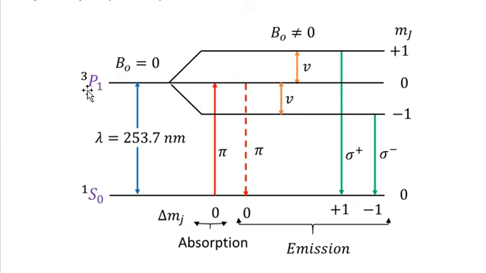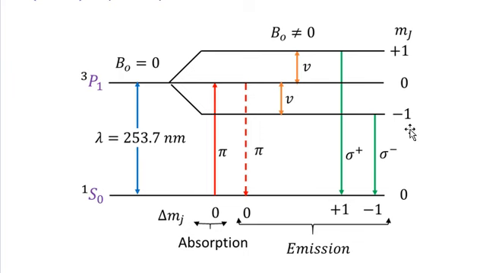Since the value of capital J is equal to 1 for the 3P1 state, when J is equal to 1 and you apply a moderate external constant magnetic field B naught, the J degeneracy is lifted and we have three levels split into mj levels. So mj will have three values, plus 1, 0 and minus 1, because the value of capital J is 1 and the possible values of mj are 0 and plus minus 1.